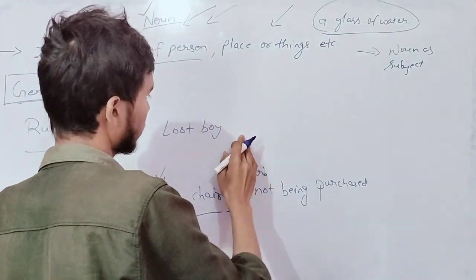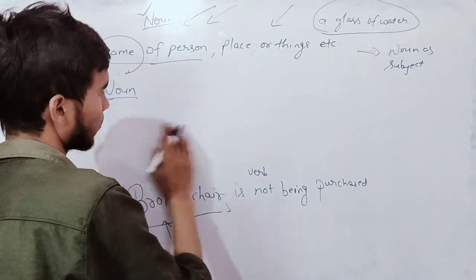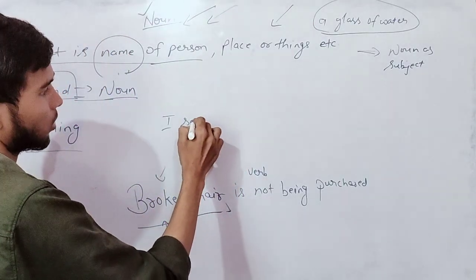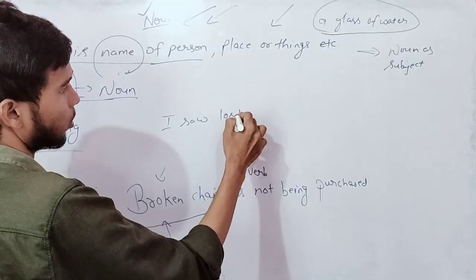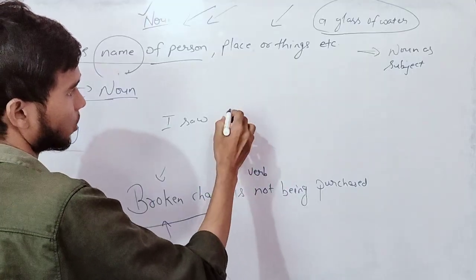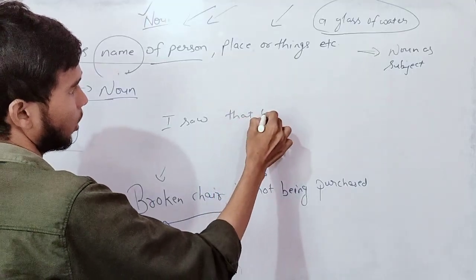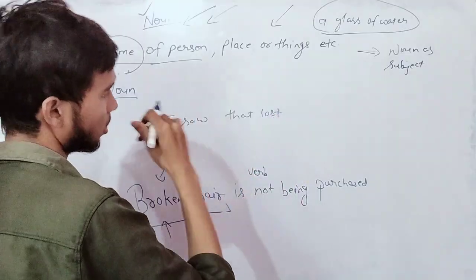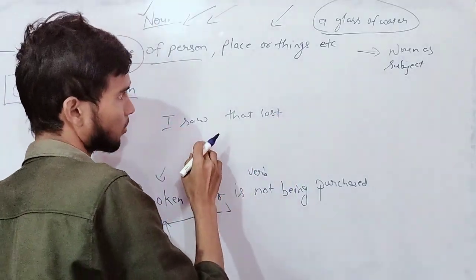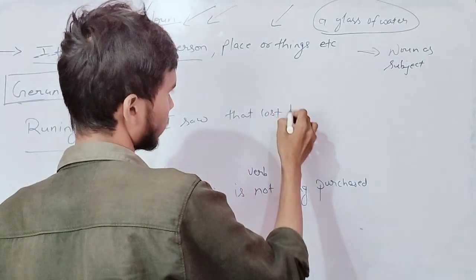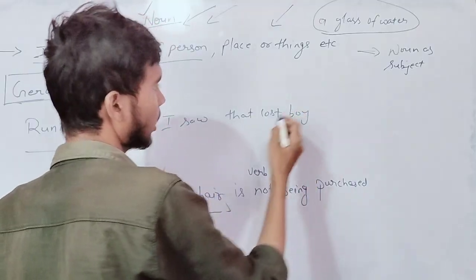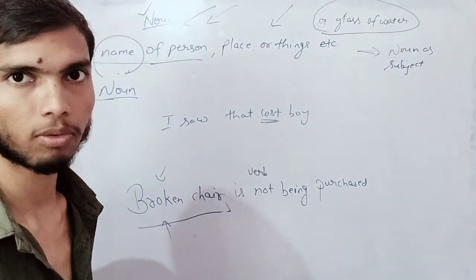Here, I saw that lost boy. Here lost is what? Lost is a verb.